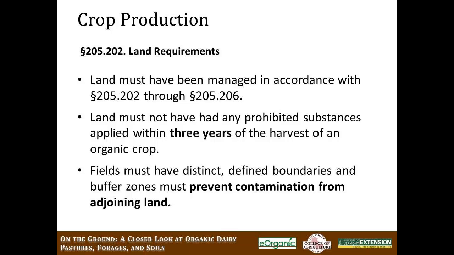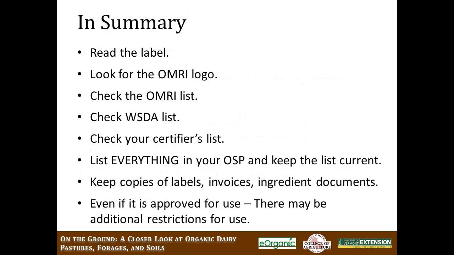And it's also important to be paying attention to what's happening next to the field so that the buffer zones are wide enough to prevent any neighbor's use of prohibited materials from contaminating the organic field or the edges of the organic field, which would also slow down the process of being able to get that organic field certified or recertified.